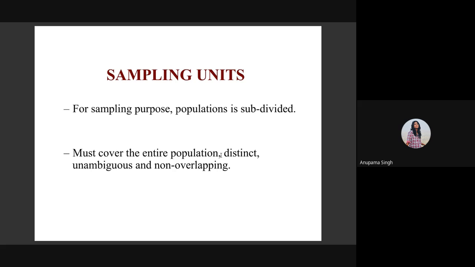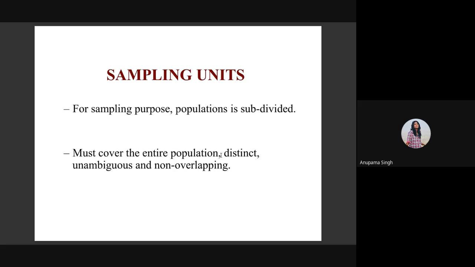Sometimes you take one household as one unit, and sometimes there are multiple units in one household. For example, income is a household property, right? So you go to one household and ask about the monthly income. That household will only give you one observation, right?